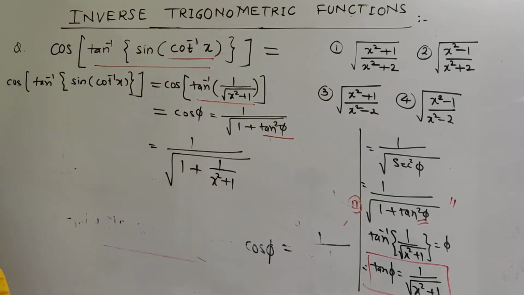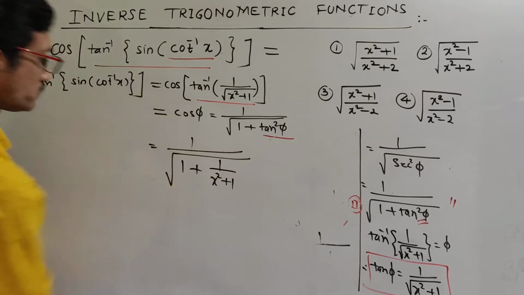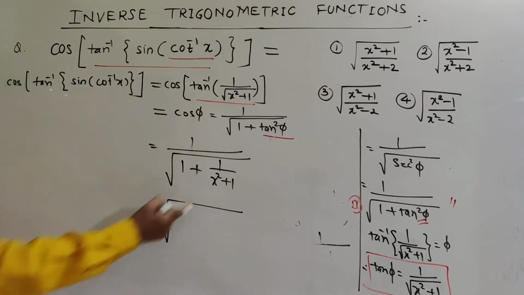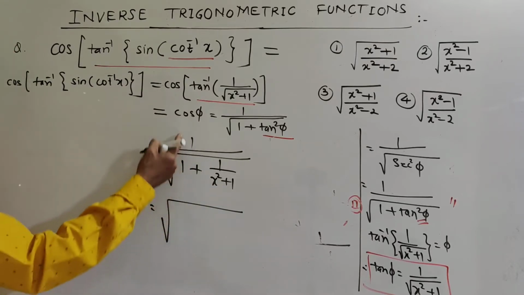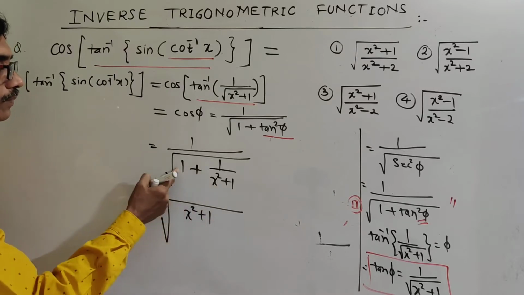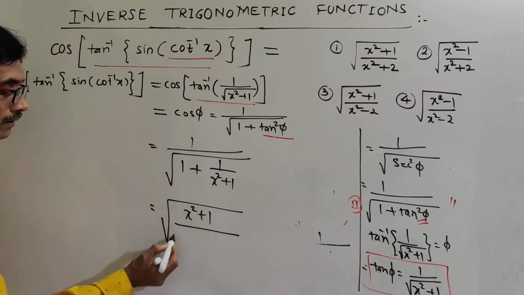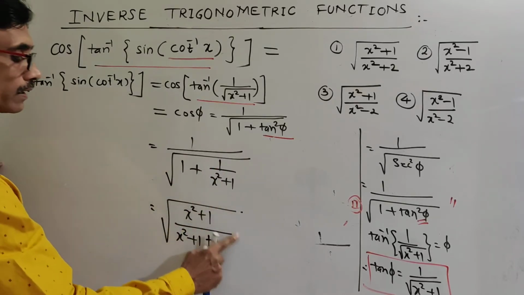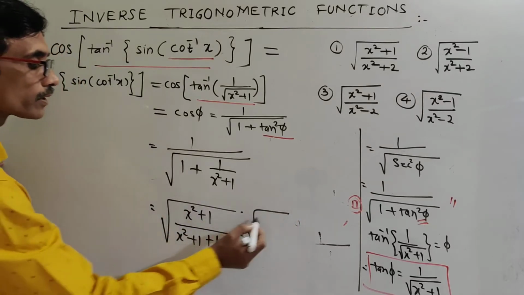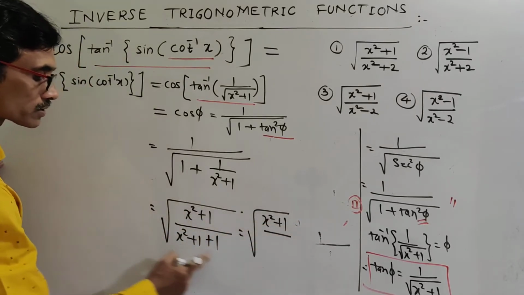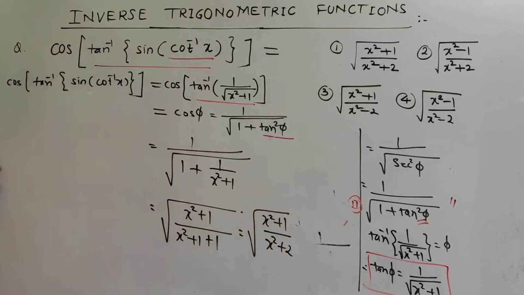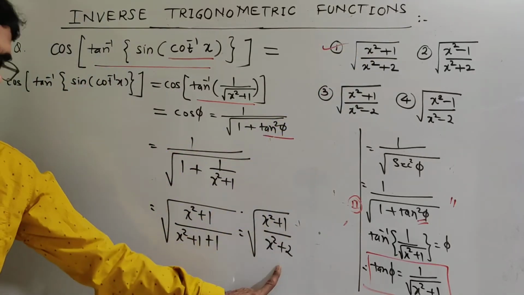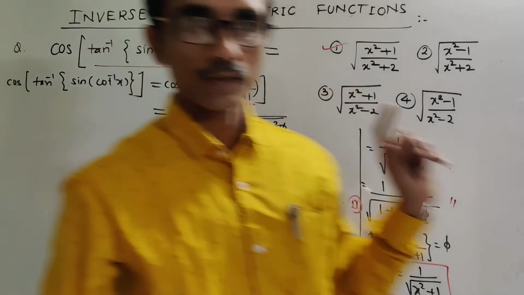The square root will be removed, and after simplifying we get root of x square plus 1 in the numerator, and x square plus 1 plus 1 in the denominator, which is root of x square plus 1 upon x square plus 2. So the first answer is applicable over here.